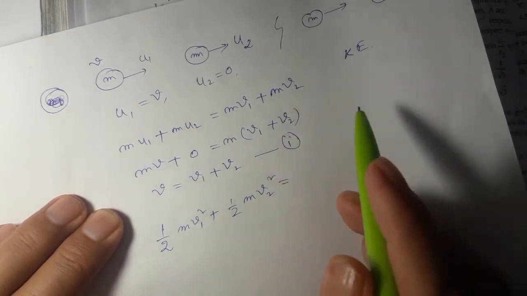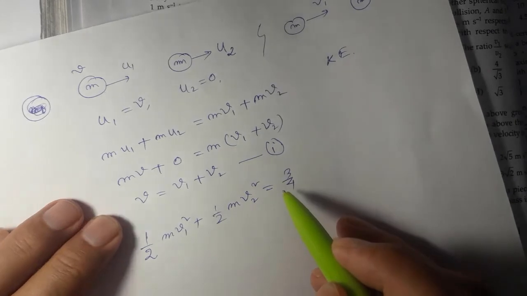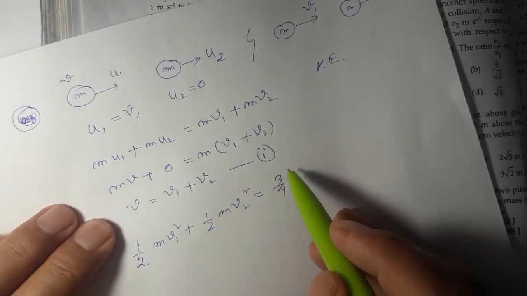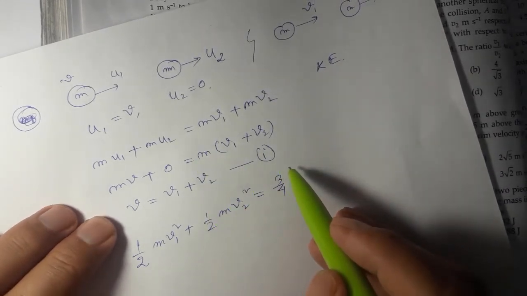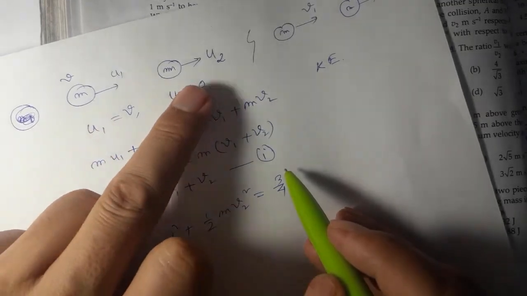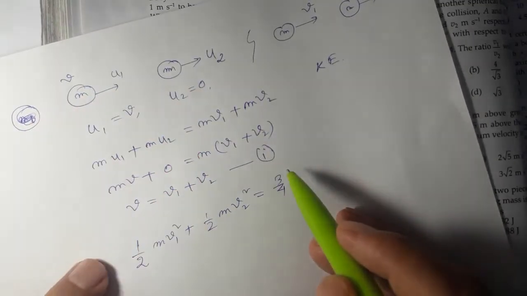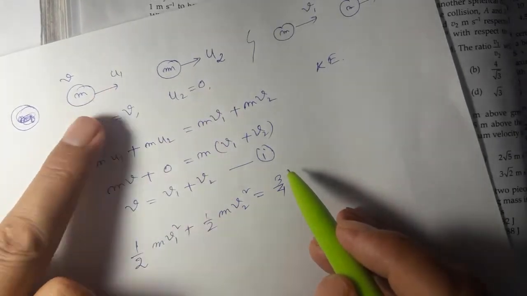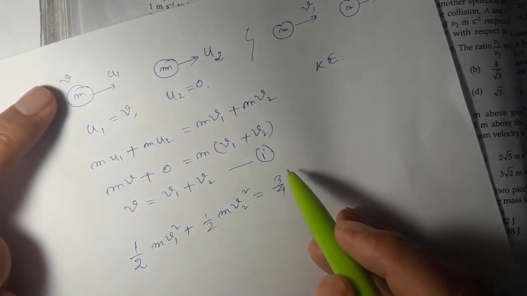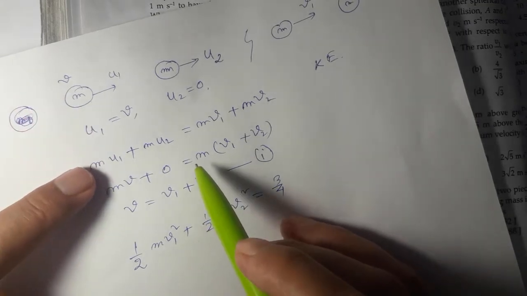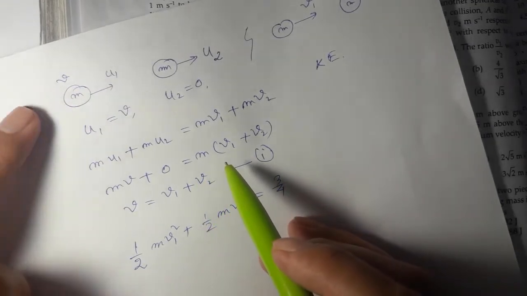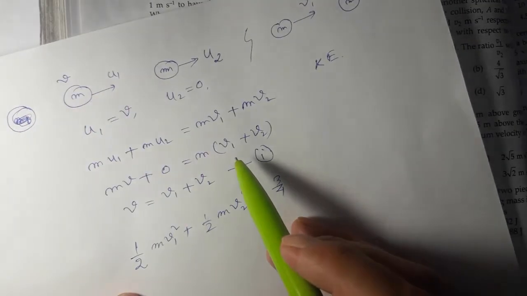This kinetic energy after collision is equal to 3/4 of the original here. And keep in mind, in the original case, the other body is at rest, so the combined velocity for both of them together will be only v, because this one is approaching and this one is at rest.